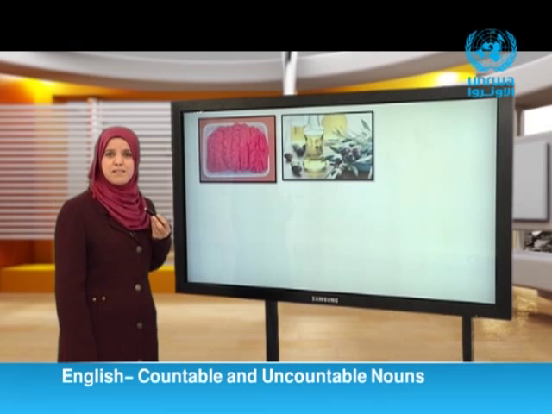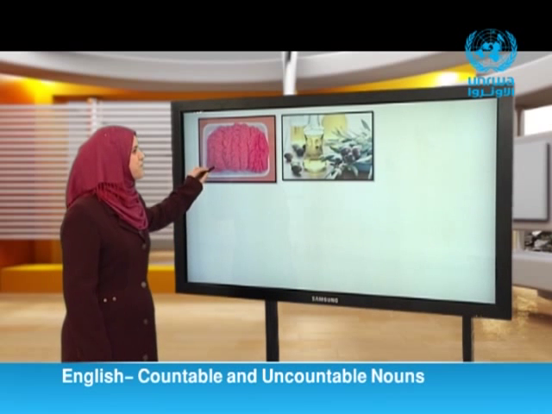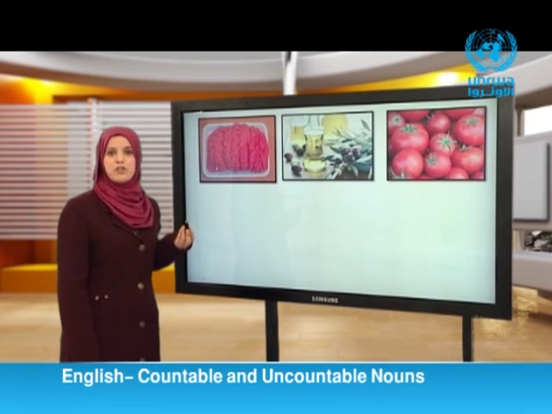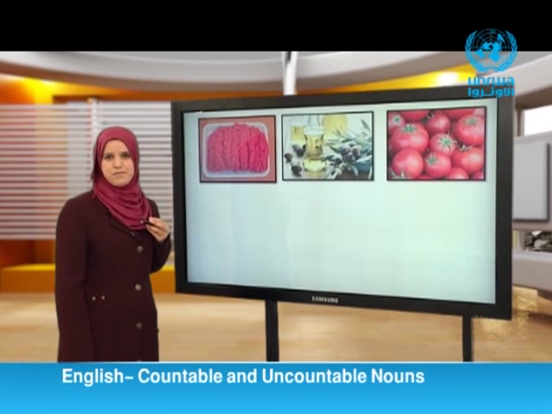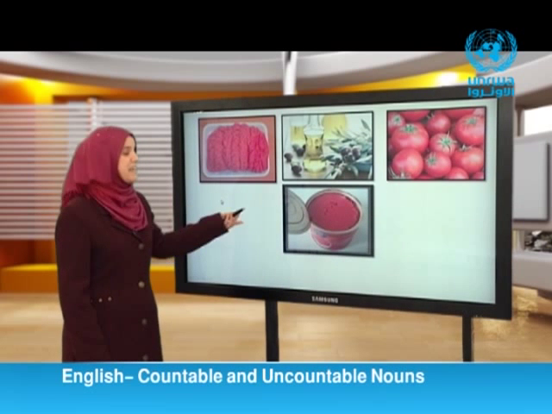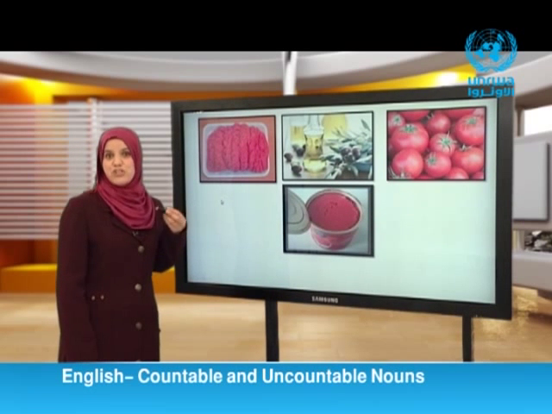Anything else? Yes, good. She needs some tomatoes, and she asked for 2 kilos. Is that all? No. She also needs tomato paste, and she asked for 1 large can.